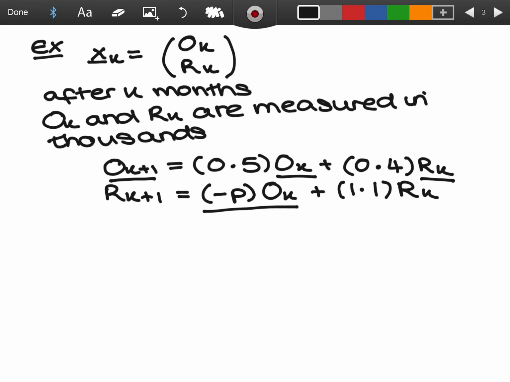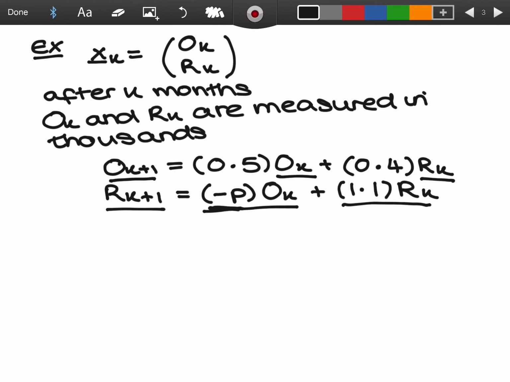If you look at this one down here, as the owl population increases, we have a negative here, and we're going to change the value of P depending on the situation. But as the owl population increases, the rat population at the next month will decrease, because the more owls there are, the more they're going to eat the rats, which means that the rat population will decrease.